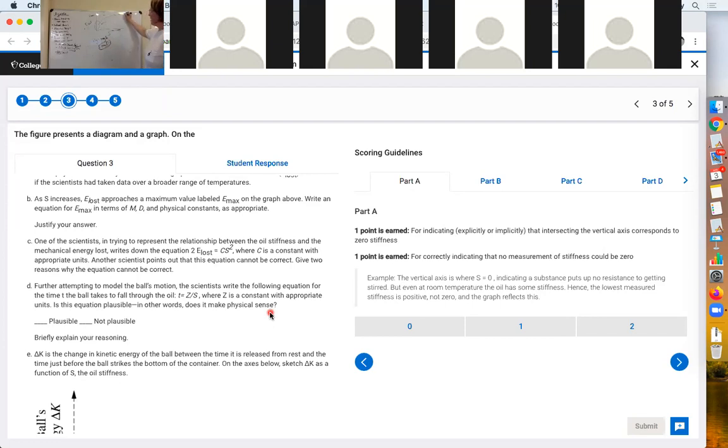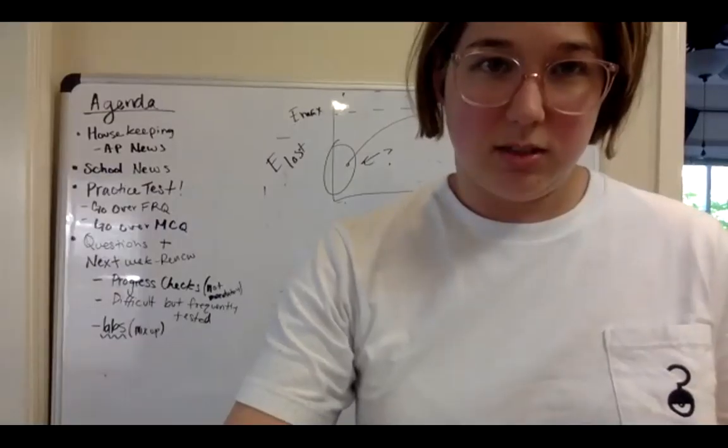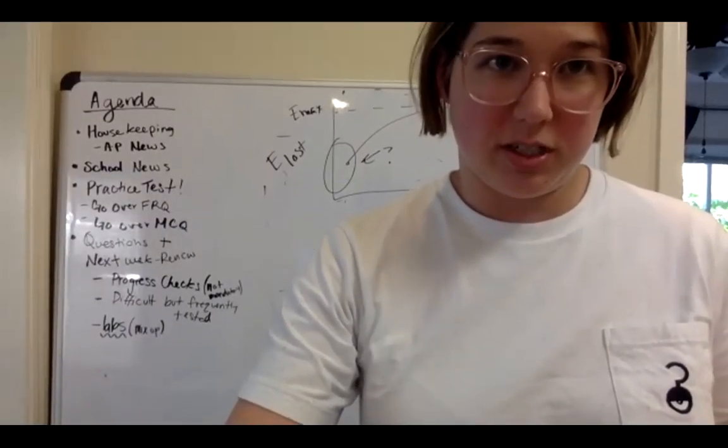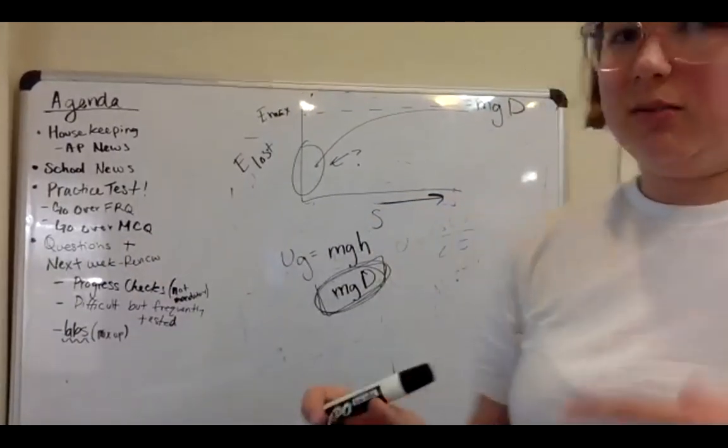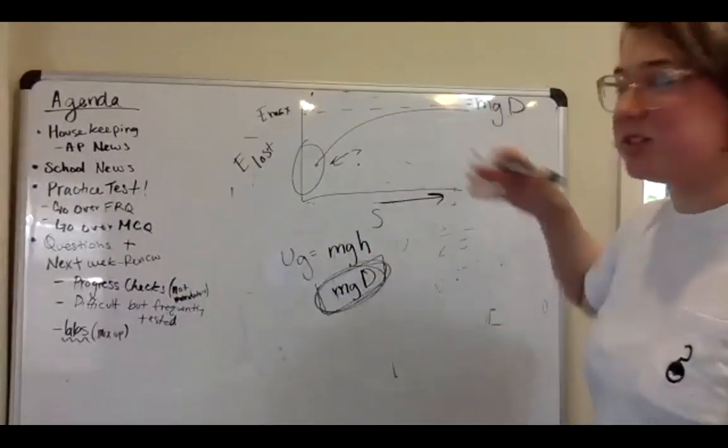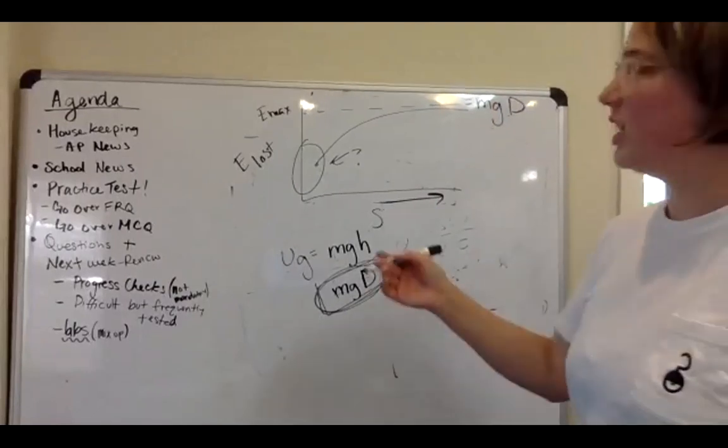So your E max is just equal to MGD because that was the total energy it started with.